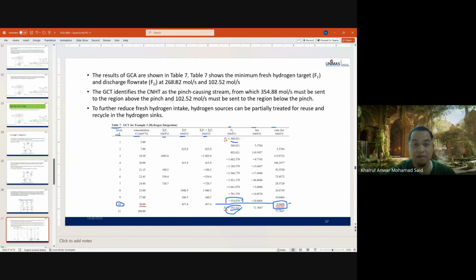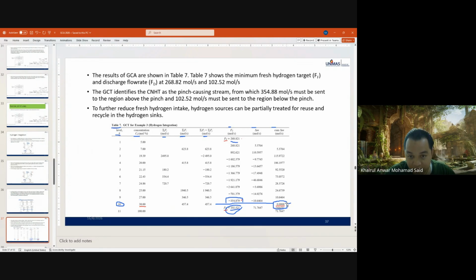So the result of GCA, I skip it. So this is already calculated.